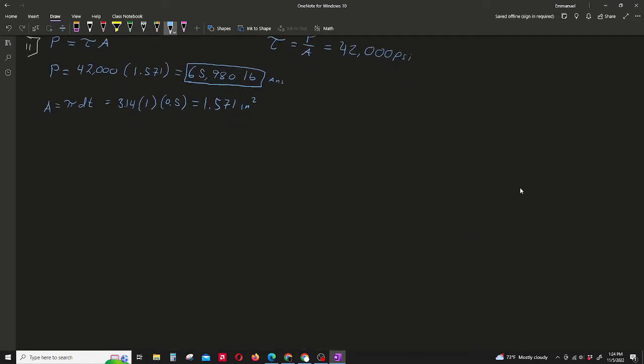Next, we have number 14, and number 14 says, let me just write this first. So given lambda equals 1.2 inches and L equals 100 feet, calculate epsilon.